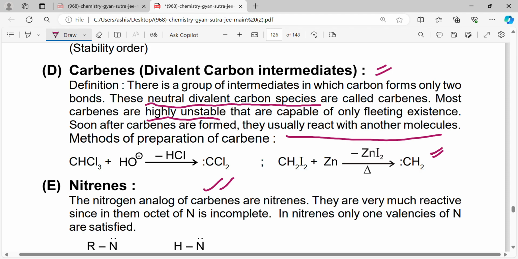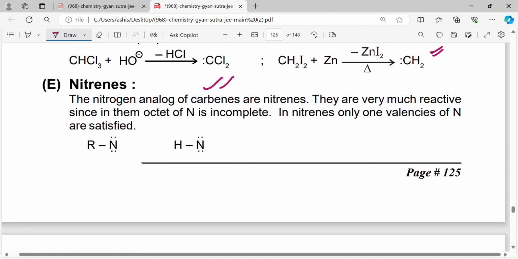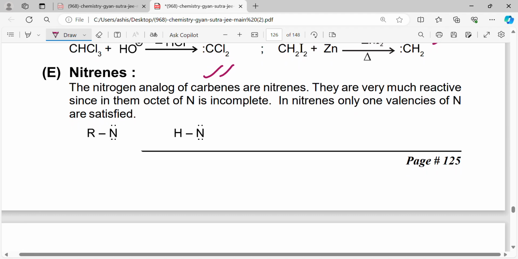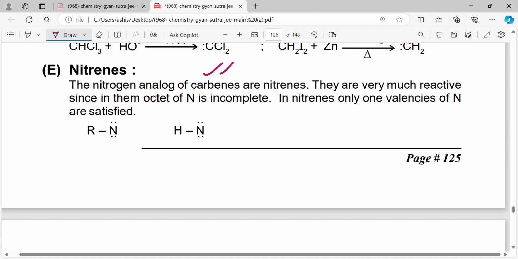Soon after carbenes are formed, they usually react with other molecules. So suppose in this case, and here is also a carbene. There are a lot of reactions in which carbenes are formed, for example the Reimer-Tiemann reaction. In the Reimer-Tiemann reaction, dichlorocarbene is formed.